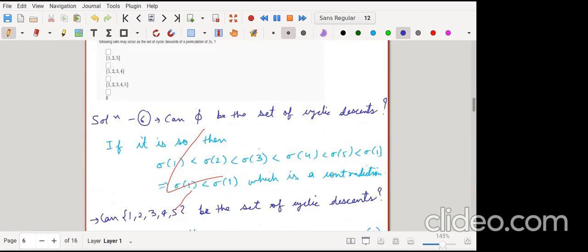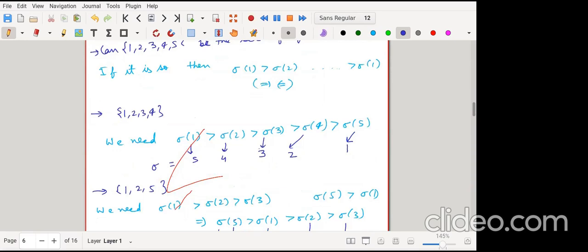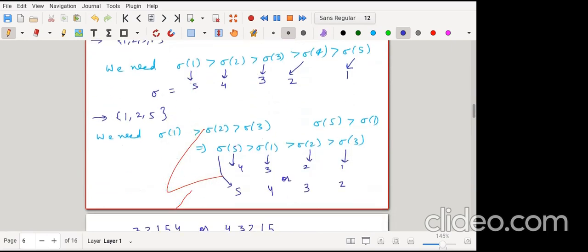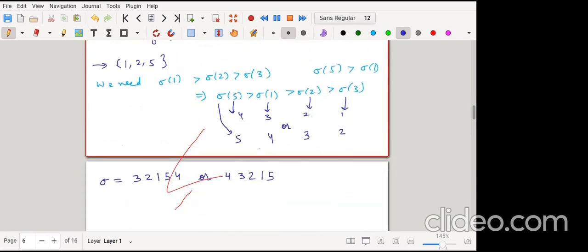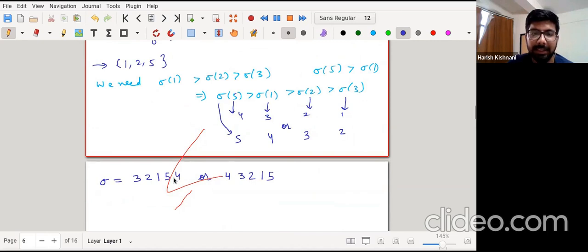I have a question. In the last two solutions that you wrote, 3, 2, 1, 5, 4, right? In that, sigma 4 is a descent, right? Sigma 4 is less than sigma 5, right? You need sigma 4 to be greater than sigma 5.